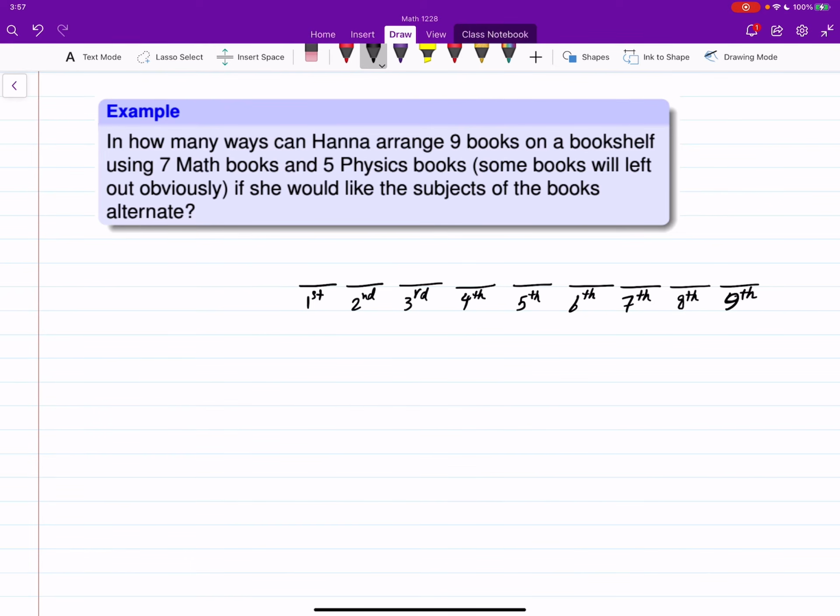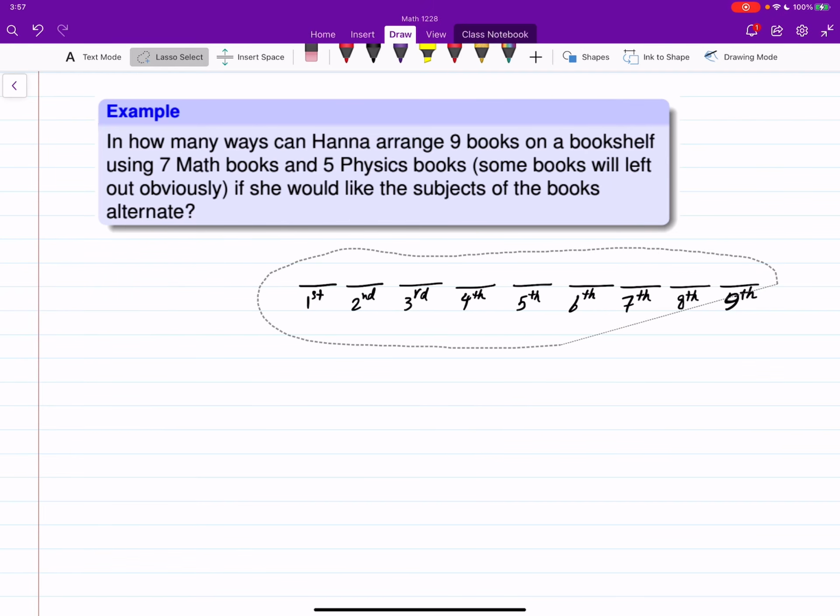The point is, to start with, am I going to put a math book or a physics book? Because it's important. It's going to change the game. If I start with physics, I have 5 possibilities for the first place. But if I start with math, I have 7 possibilities available. That's where the cases come in.